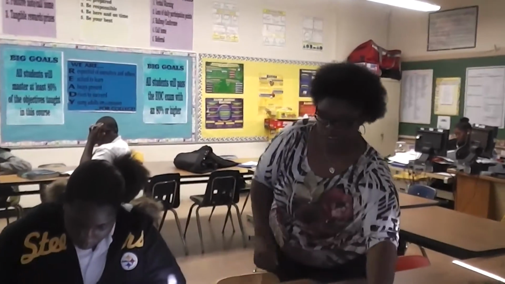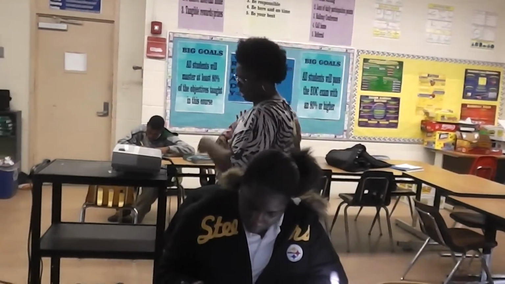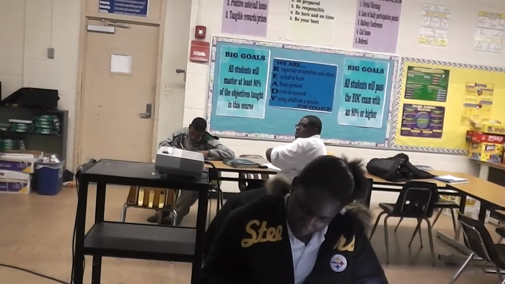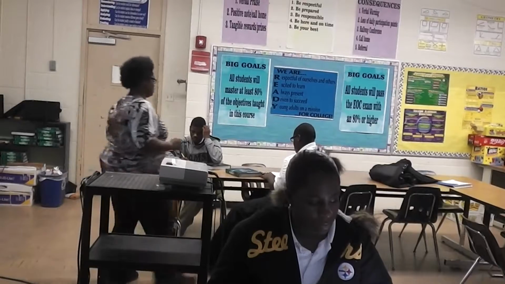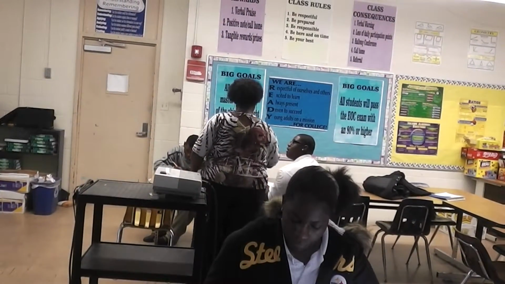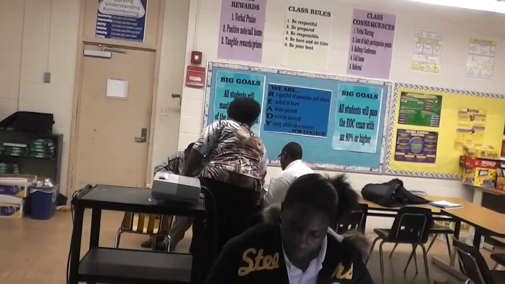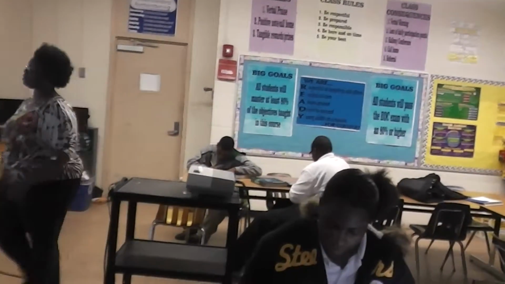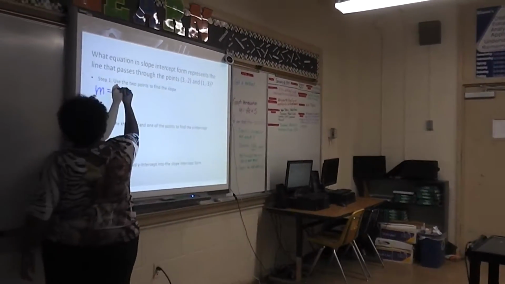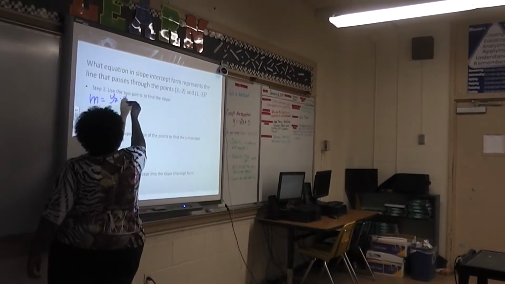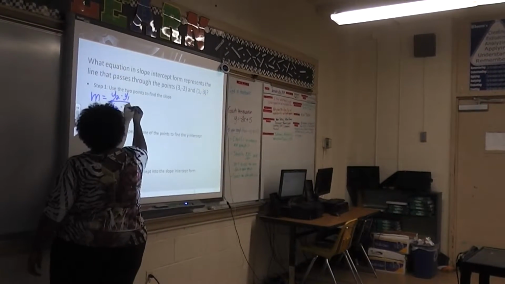Okay, so let's talk about this fraction. I'm seeing almost the same thing on everybody's page, so let's start working through it. What did you end up with? No, well, 0.5 is what you got, so you're probably the closest. So watch what happens, okay? M is equal to Y2 minus Y1 over X2 minus X1.